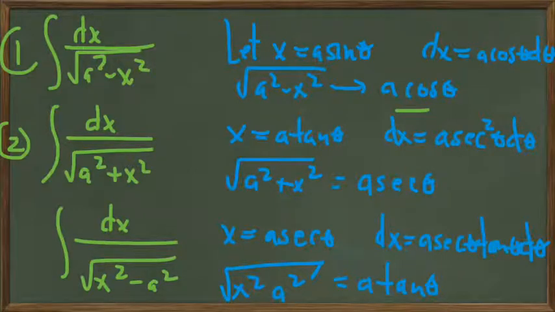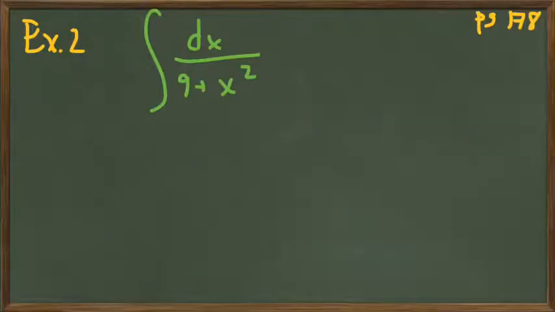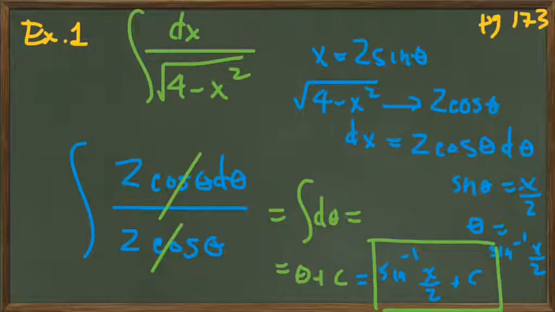a squared plus x squared, 9 plus x squared, isn't going to turn into 3 tangent theta, or not 3, right?